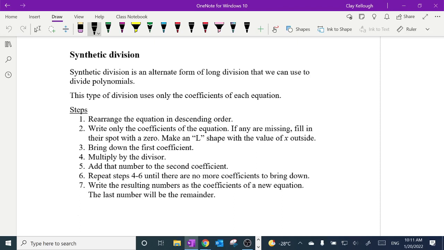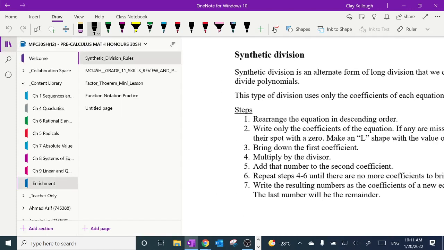Bring down the first coefficient, multiply, add that number to the second coefficient. Repeat steps 4 to 6 until there are no more coefficients to bring down, and write the resulting numbers as the coefficients of a new equation, and the last number is my remainder. So there's your steps.